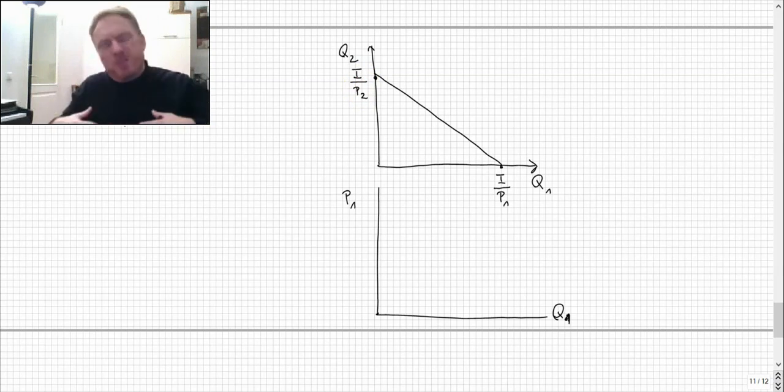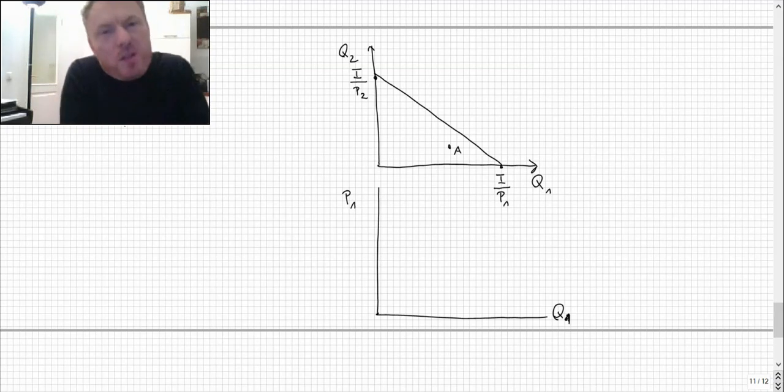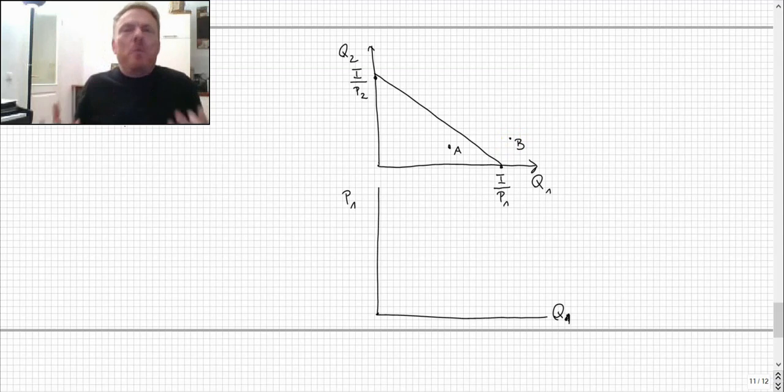So the budget constraint tells us, for example, this point here, let's call it A, is feasible because our budget is sufficient to pay this amount of Q1 and this amount of Q2. Whereas this point, let's call it B, is not feasible because we cannot afford it.